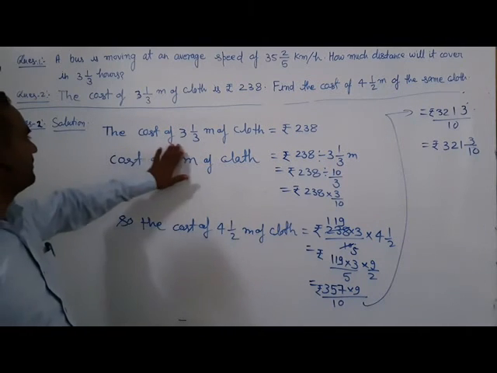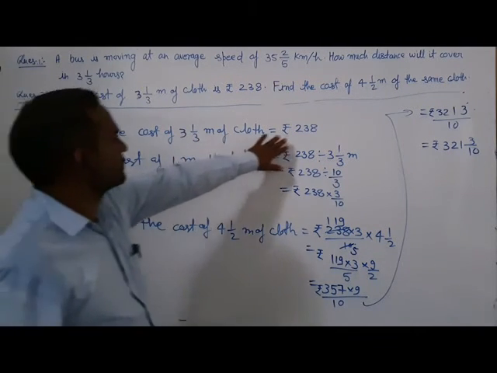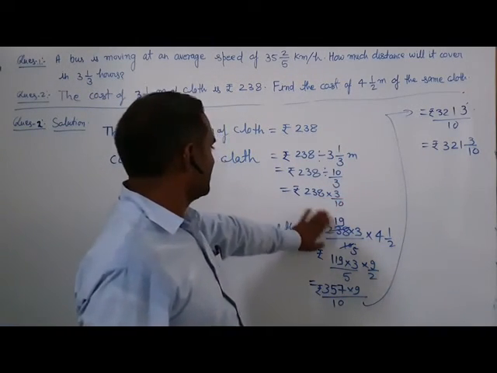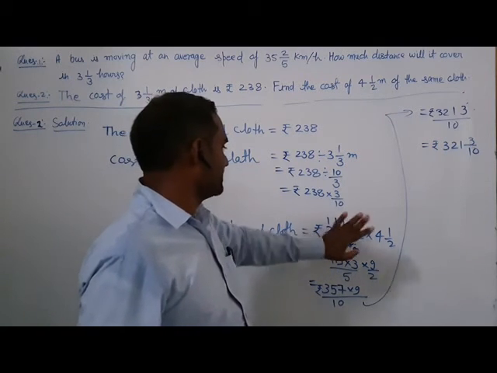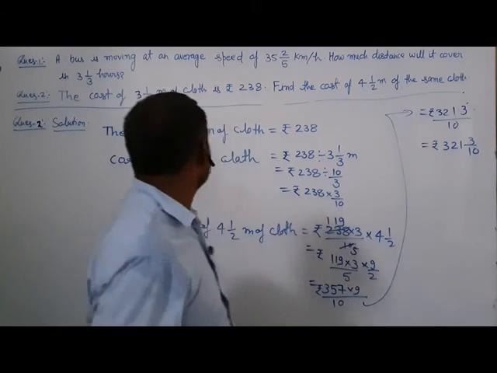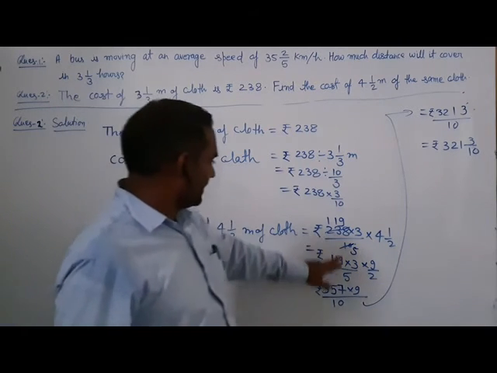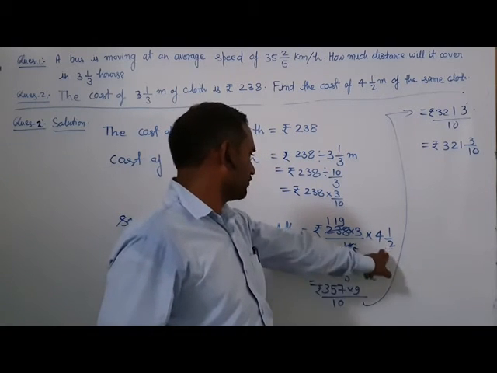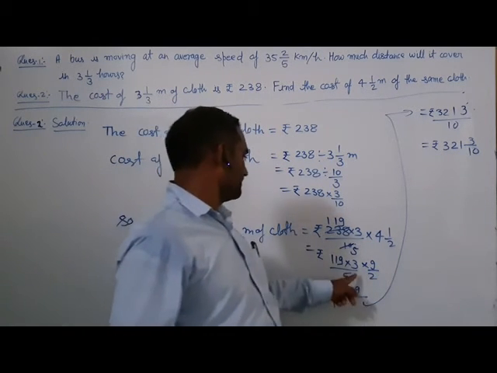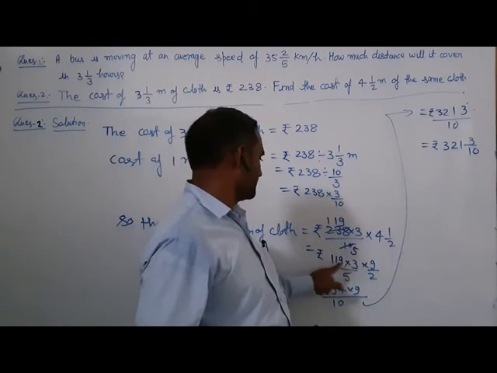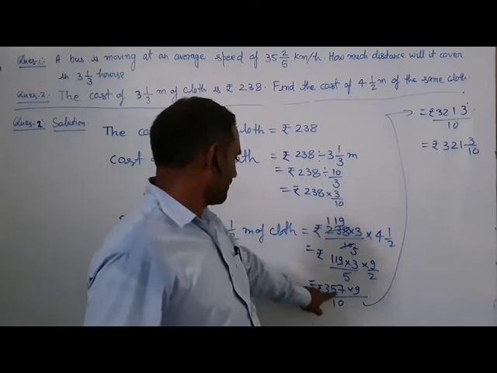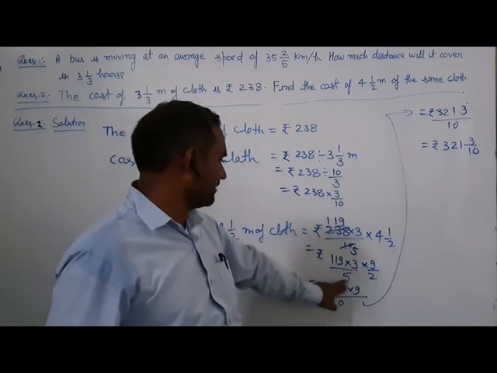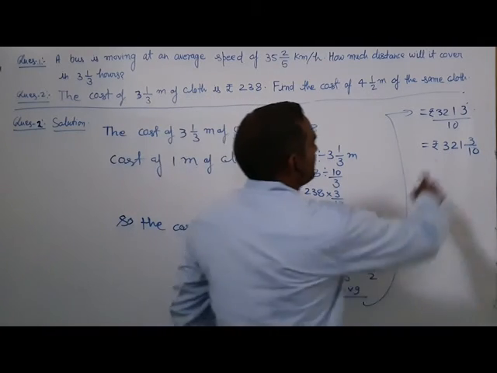So the cost of 2 1/3 meter of cloth is equal to this. Cost of 1 meter of cloth is equal to 238 by 7/3, and you can simplify: 2 5s are 10, 2 1s are 2, 2 9s are 18, into 3, 4 1/2, which is 9/2. Then 3 1s are 3, into 9 by 5 2s are 10.